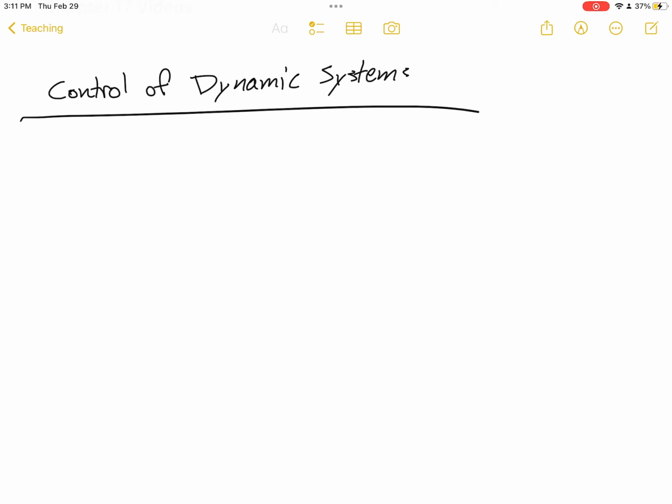When we talk about controls or control science, what we're doing is, if we have a dynamic system with x double dot plus 2 zeta omega n x dot plus omega n squared x, for example, equals f of t, what controls does, and the fundamental problem that we try and solve with control science, is how can we pick a force F such that the system does what we want it to do.